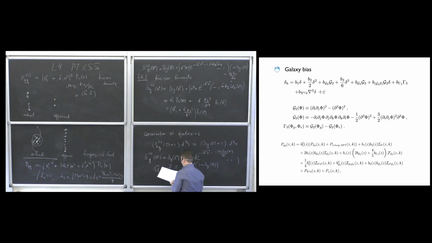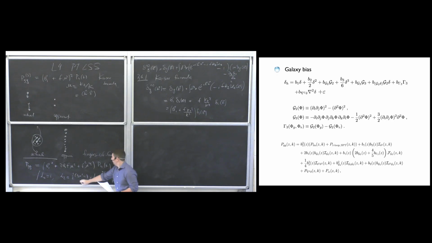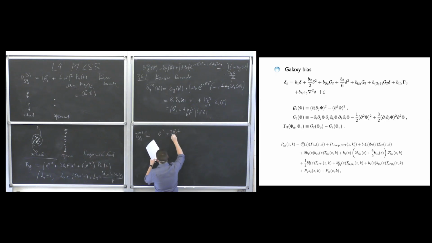Okay, so using these expressions, now we can reshuffle our expression for the redshift space galaxy power spectrum and express it in terms of the Legendre polynomials that depend on mu. And there is a very simple way to extract these things.